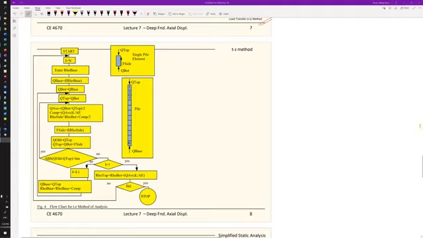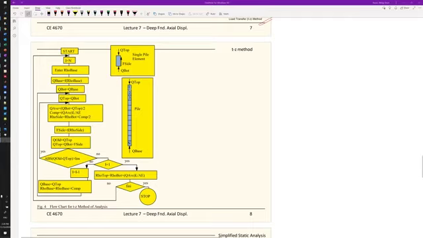Okay, so this flow chart here shows the analysis of the TZ method. And if you're coding it in a computer language, MATLAB or Python, a flow chart like this will really help you write the loops.